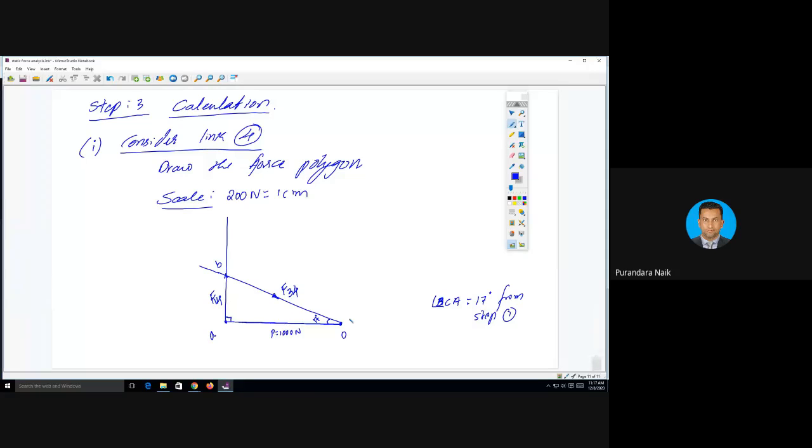Therefore, F14 is equal to the length of AB into scale. What is the length of AB? Can anyone tell me the answer? The scale is 200 by 1.